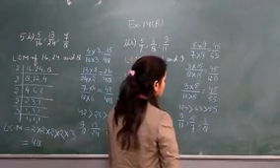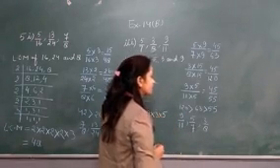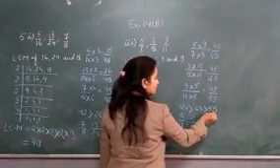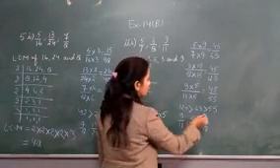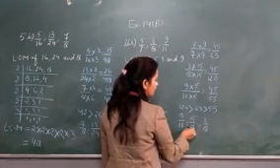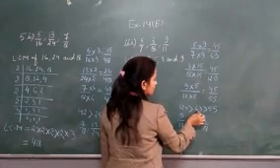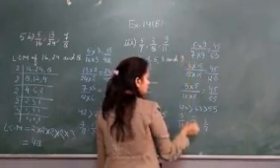So first of all, we will write the fraction of this one, that is equal to 9 upon 11. Then we will write the fraction of this one, that is equal to 5 upon 7.